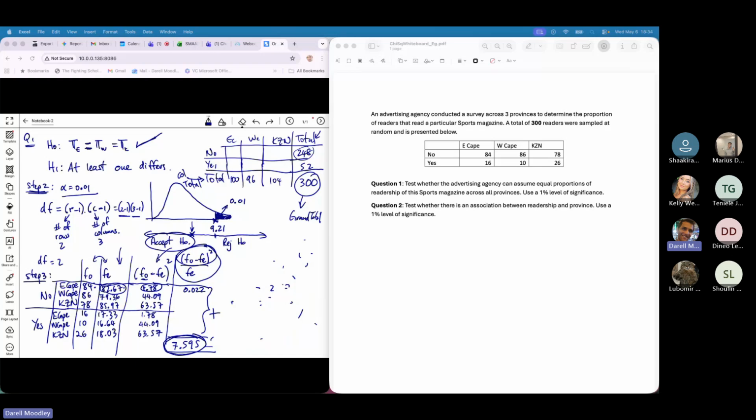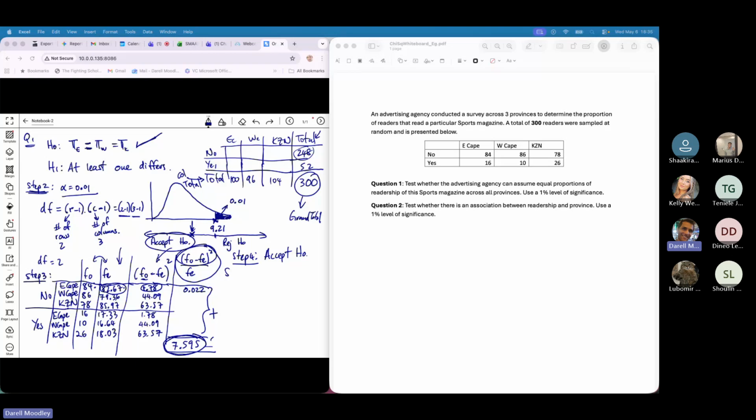So step 4, we already just answered it. We accept H0 because it falls here.